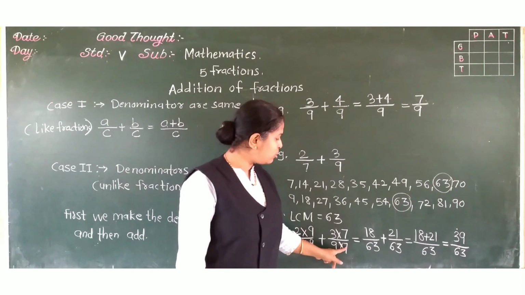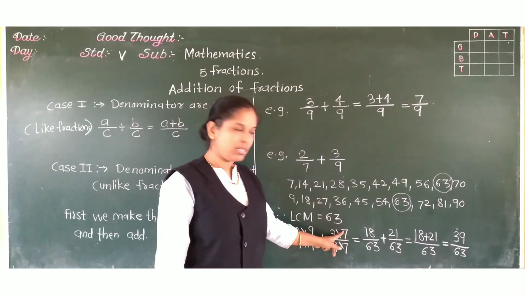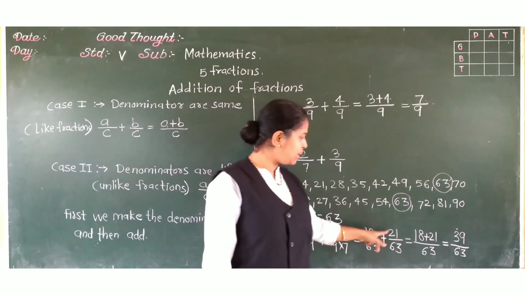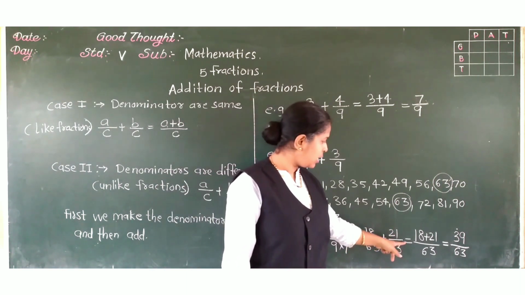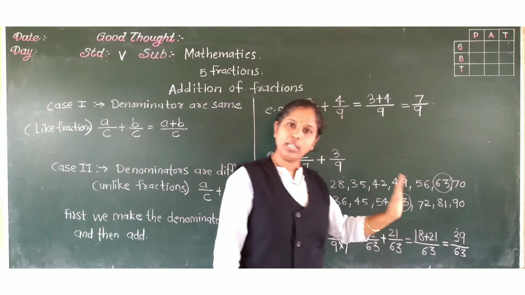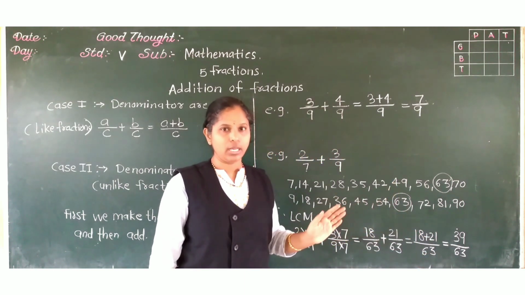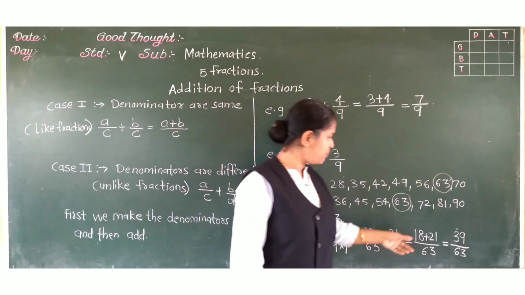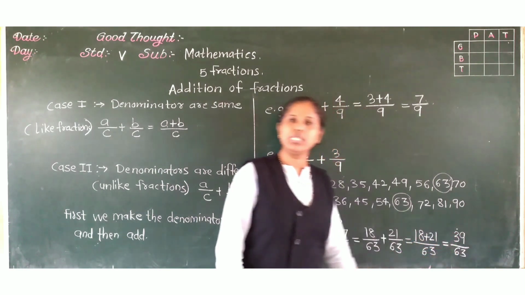And here 9 into 7, so here also multiply by 7. Then what fractions do we get? 18 upon 63 plus 21 upon 63 is equal to, do addition of numerators only. The denominator will remain same, that is 63. We don't have to add the denominator, only numerators, is equal to 39 upon 63.